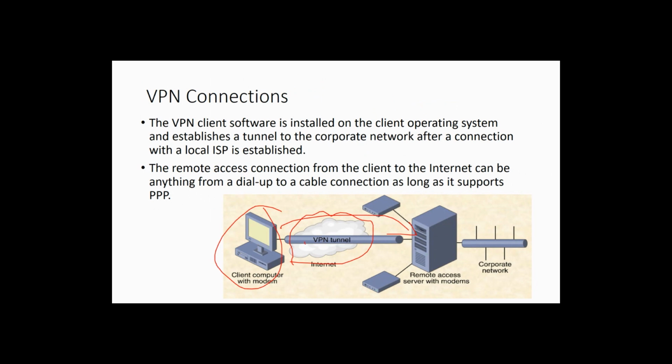The main one is tunneling. Tunneling means they encrypt all the packets, and it feels like there's a virtual tunnel between the private network that you want to use and the public network.